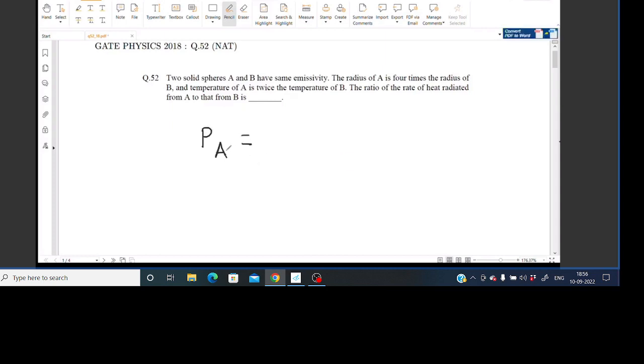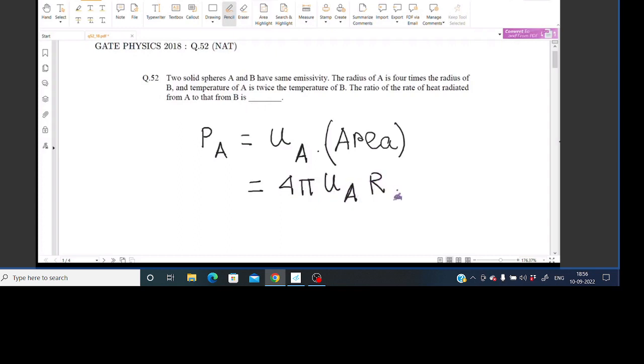The rate of heat radiated from A, PA, is equal to UA times the surface area of the sphere A. So this is equal to 4 pi UA RA square, where RA is the radius of the sphere A and UA is the heat radiated per unit time per unit area.